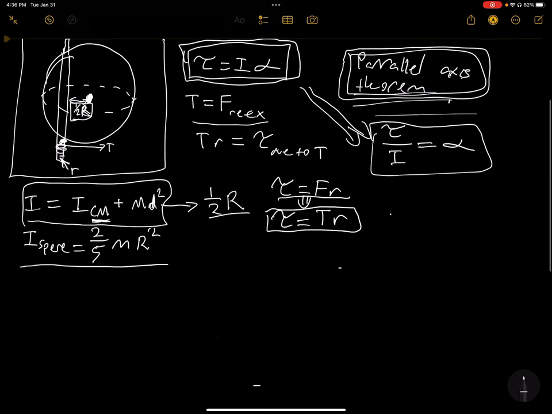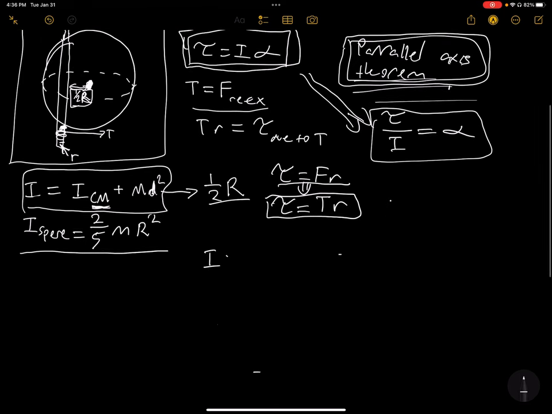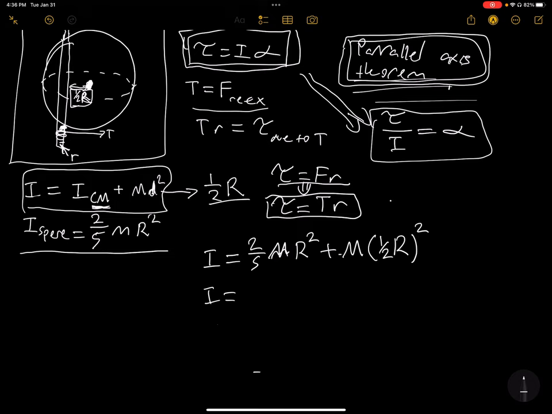All right, so let's solve for moment of inertia. So we get I equals 2/5 M R squared plus M times (1/2 R) squared. All right, that's kind of all there is to it. We just have to do a little solving here.